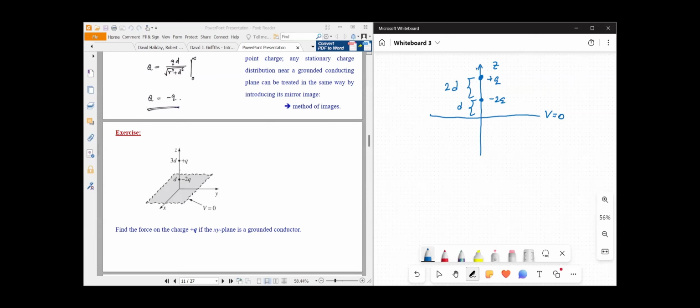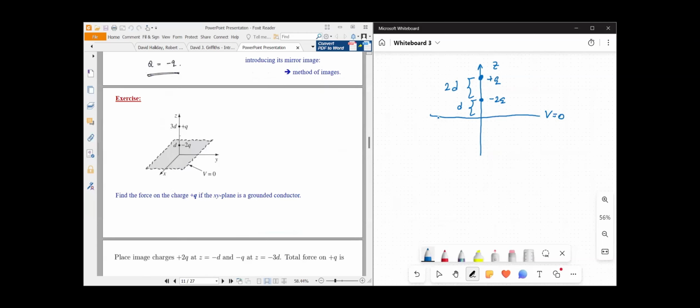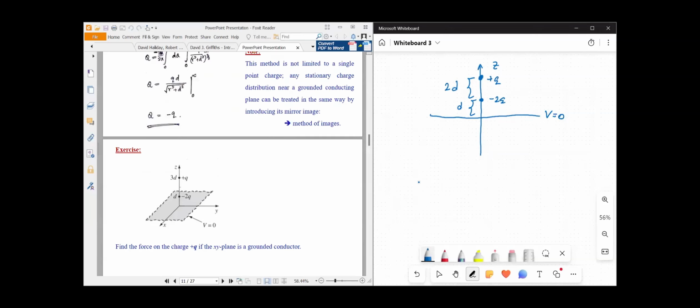Now, what we learn from this method of images is that when we have a grounded conducting plane, we introduce images of these charges. So I have here minus 2Q, so I will introduce plus 2Q. Then here I have plus Q, so I will introduce minus Q at the same distance.